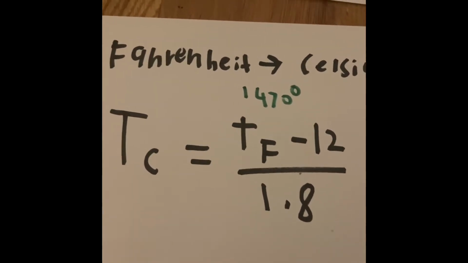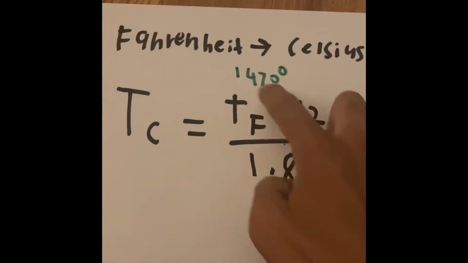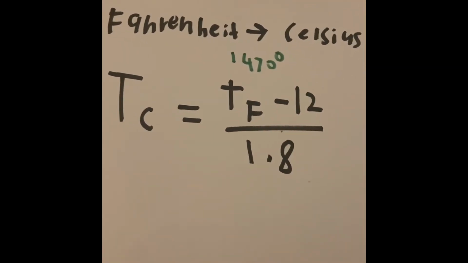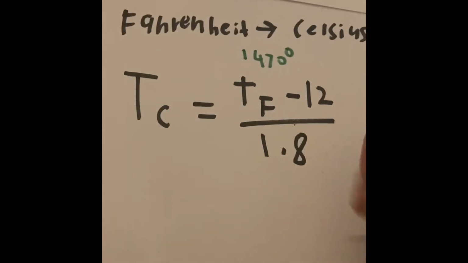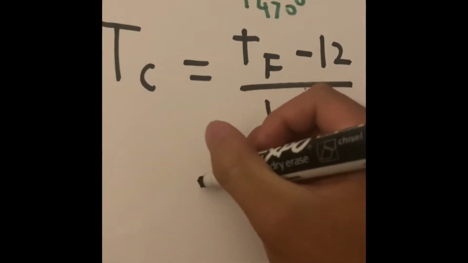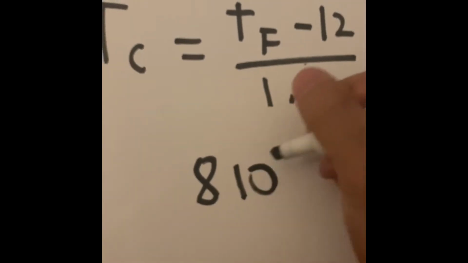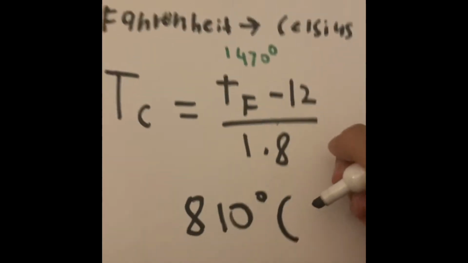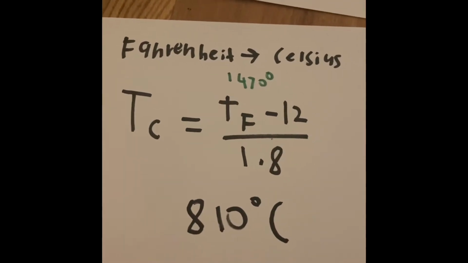So if you did the math by doing this, subtract this, divide by 1.8, your temperature in Celsius would be 810 degrees Celsius.